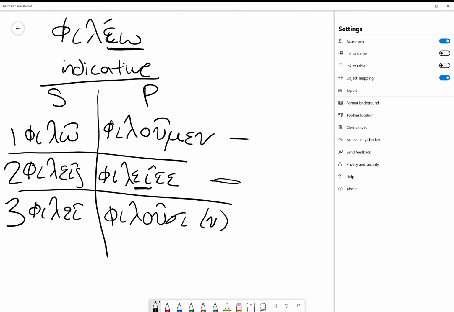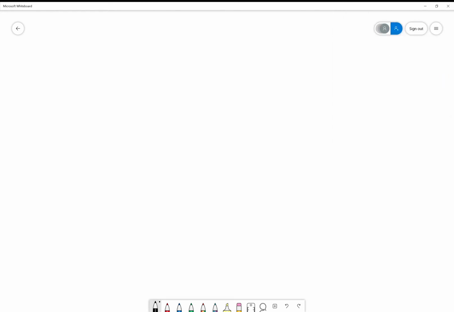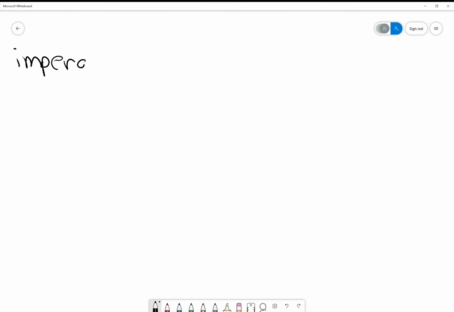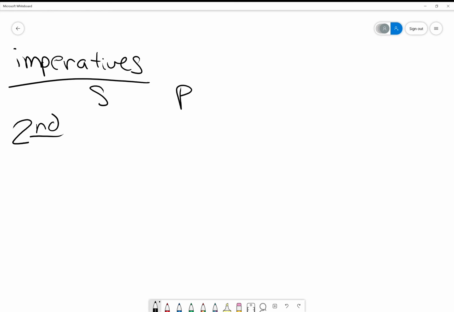So we also run into trouble when it comes to imperatives. These are only second person for the moment, singular and plural. So what we have going on here is our phile root plus our a, or over here, ate.